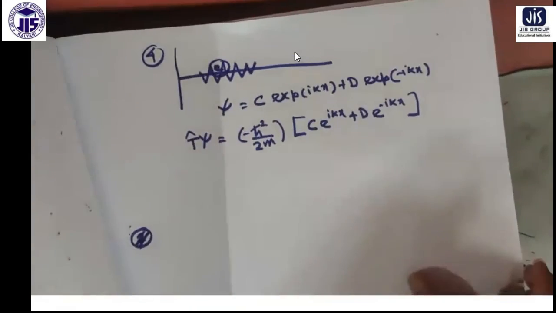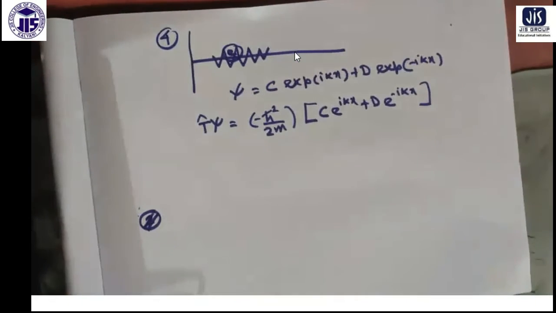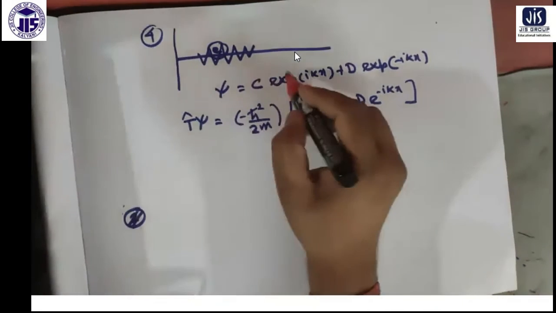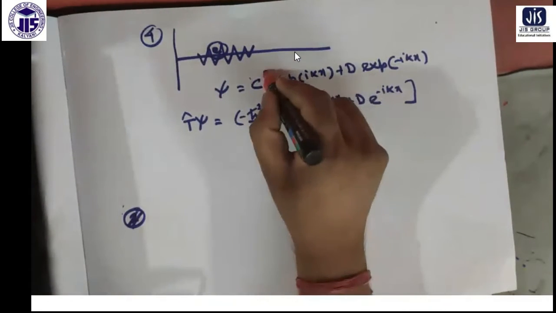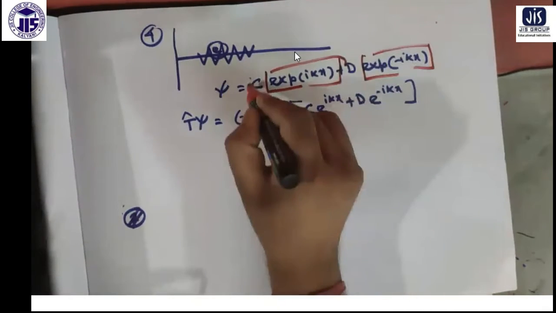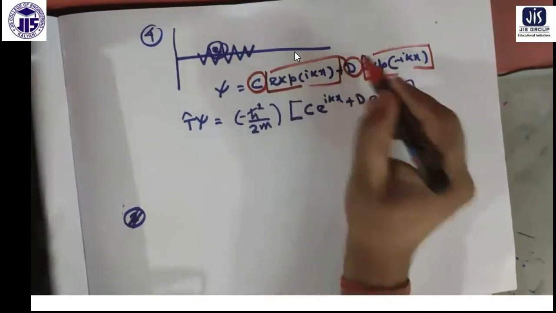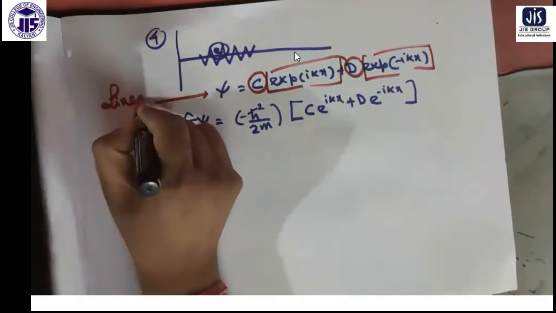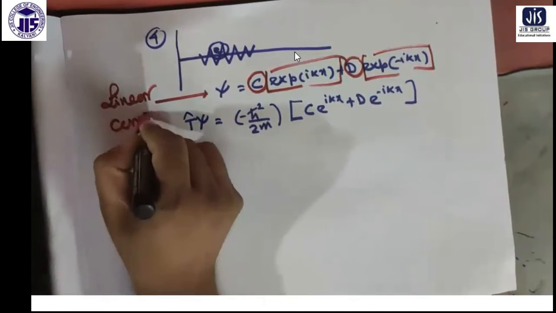Suppose this is my mixed wave function psi, a mixture of e to the power plus ikx and e to the power minus ikx. C and D are coefficients; this is called a linear combination of the two functions.